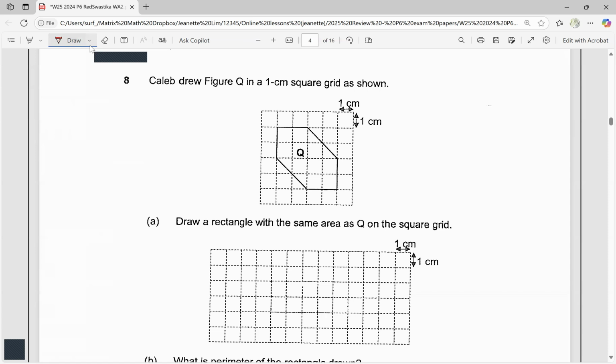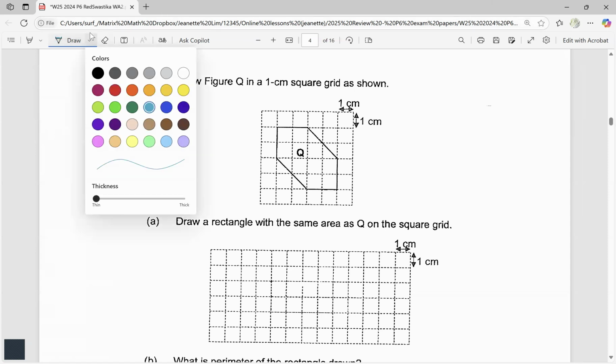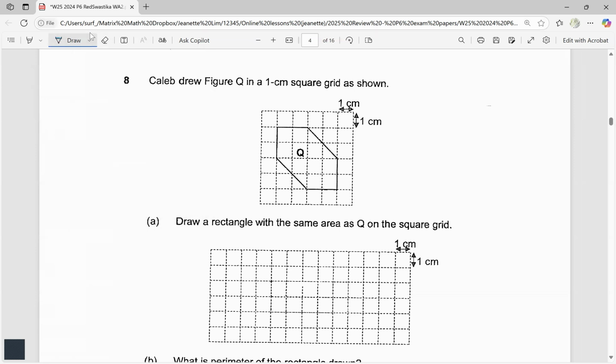Let me show you one way. So I'm trying to find the area right now. Every square is 1 times 1, which is 1 square cm, right? So I have 4 squares here, so this is 4 square cm. And then this is also 4.